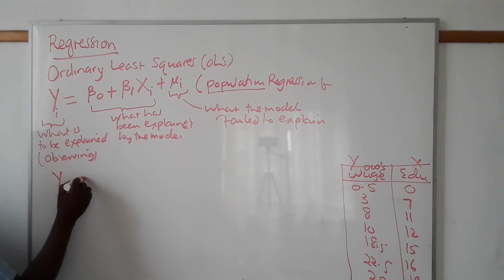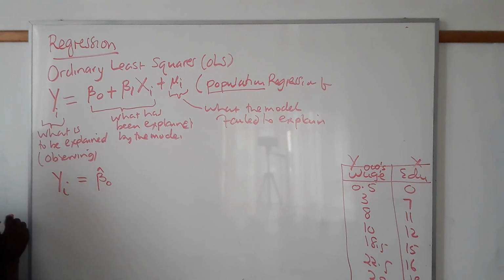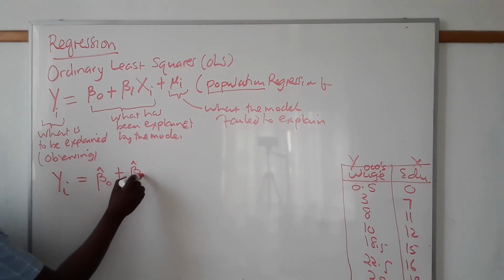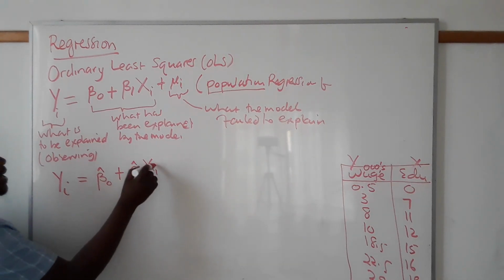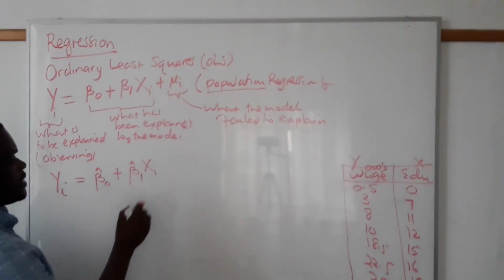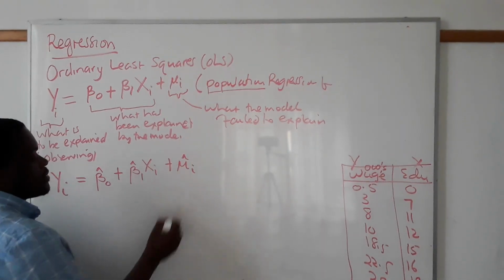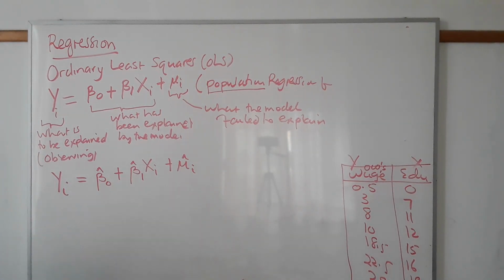Our yi will be equal to a beta 0 hat we are going to estimate using the sample, a beta 1 hat xi we are going to estimate from the sample, and there will be a predicted error for each observation.